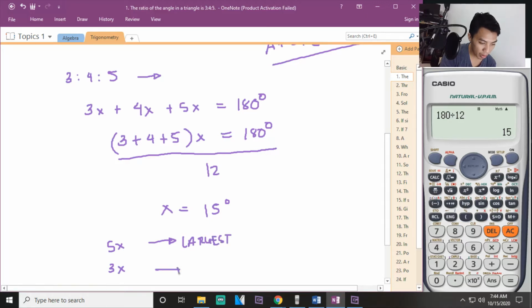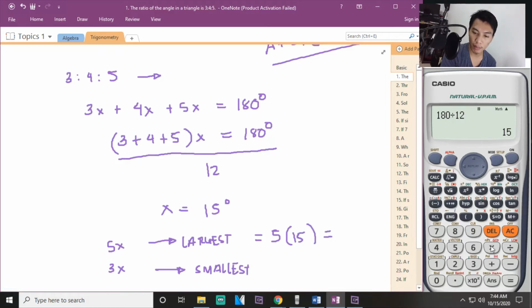Ito naman yung iyong smallest, 3x. And this will be 5 times 15. The largest angle will be 75 degrees.